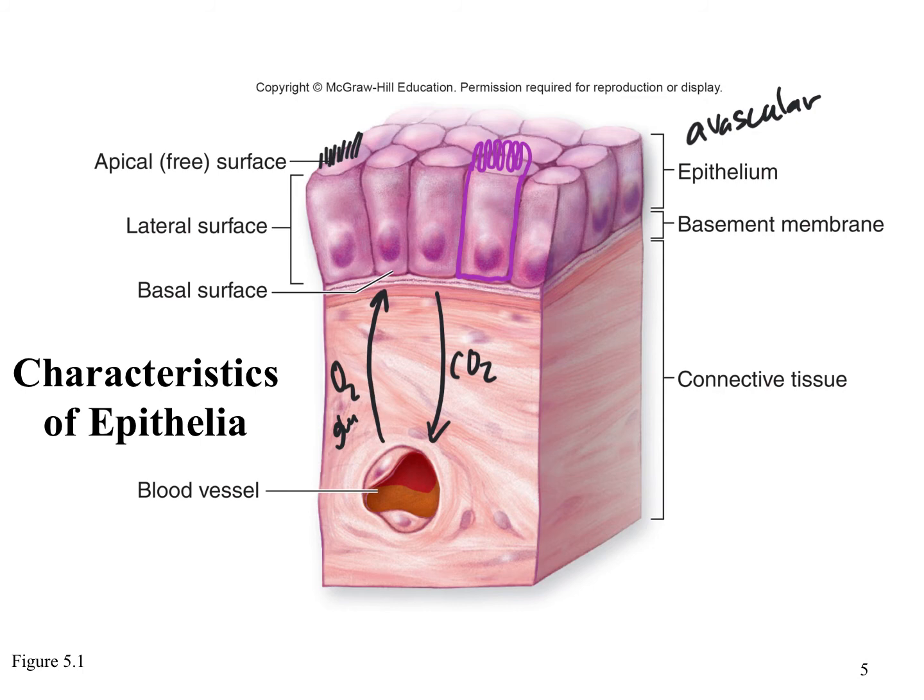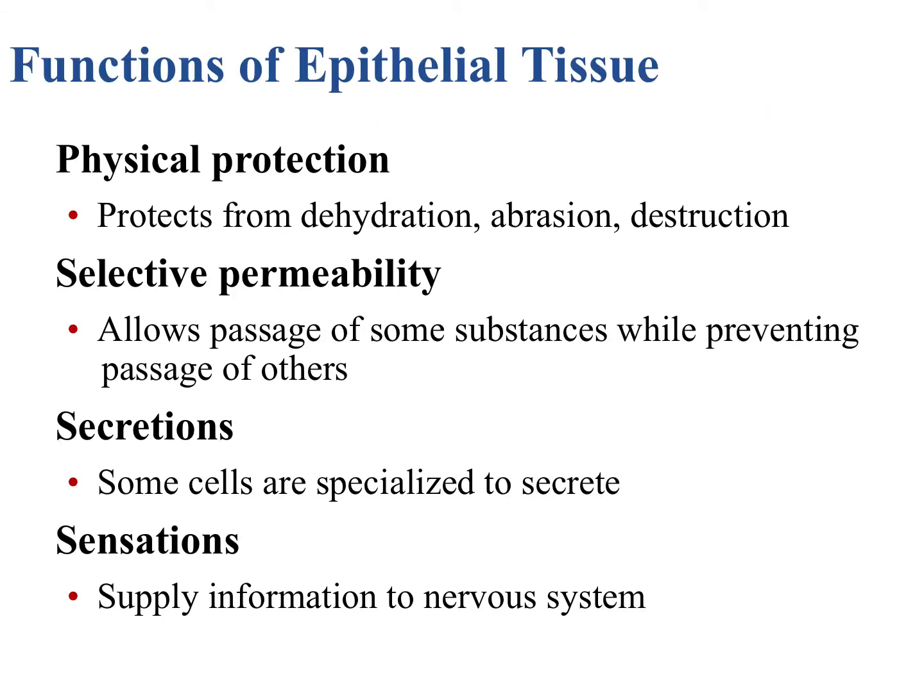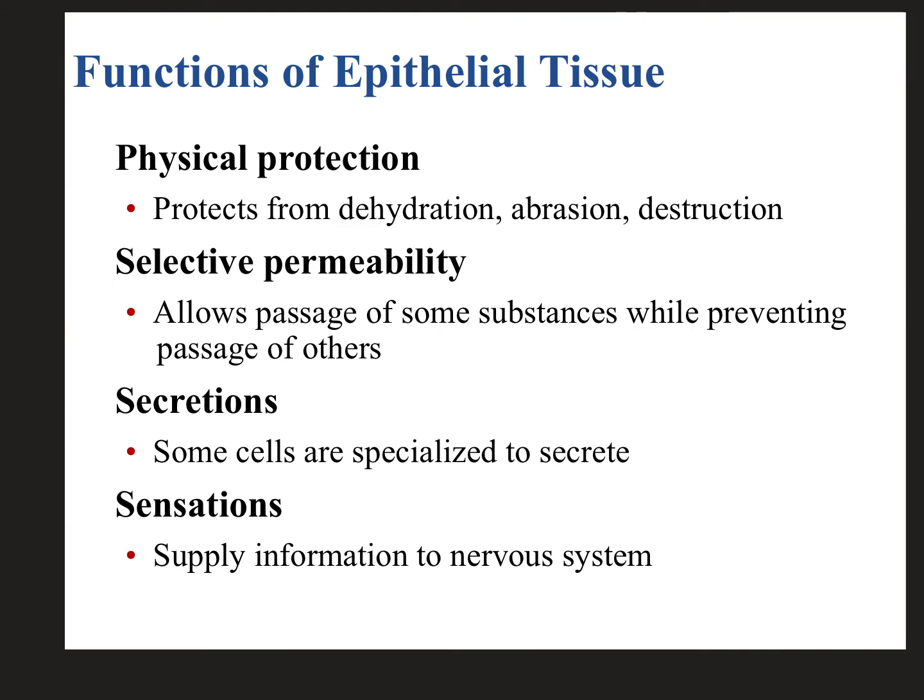But the apical surface may be characterized by modifications depending. Some of these have modifications, some epithelium do not. What do they do? What does the skin do? Physical protection, okay? Protects the underlying tissue from abrasion, irritation, from the elements from the outside, right?